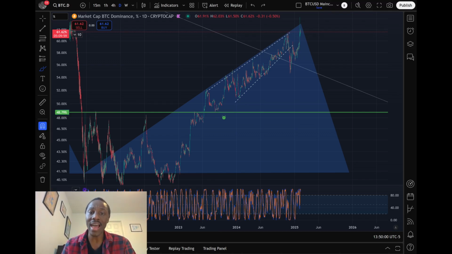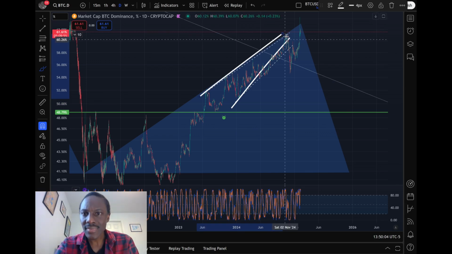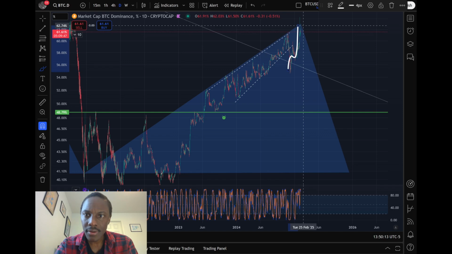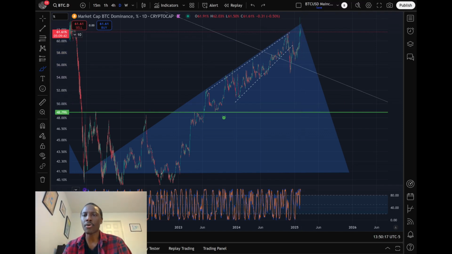So this is what we have here. A rising wedge. And this is the initial break, breaking the structure of the rising wedge. This is the counter. And this would be the final third leg of this corrective pattern.